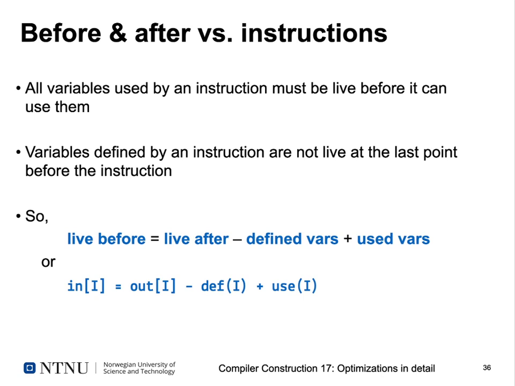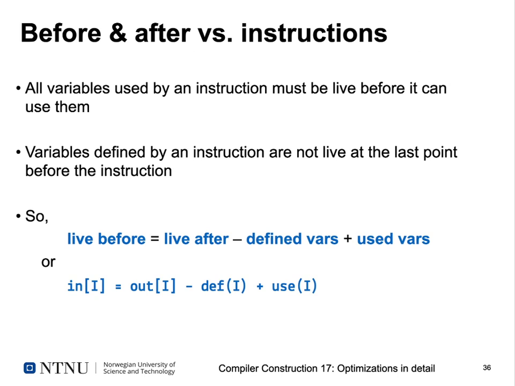So we know all variables that are used by an instruction have to be live before the instruction can use them, because otherwise they would not contain a valid value anymore. And we also know that variables that are defined by an instruction can no longer be live at the last point before this instruction. So we can actually define a relation here. The set of variables that's live before an instruction can be constructed by considering the set of variables that's live after an instruction.